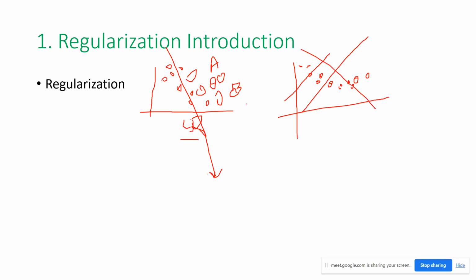The same concept: linear regression classifies with a straight line. So how are we going to say which is the best classifier? Based on the classification of the data points, the maximum number of data points should be classified properly.